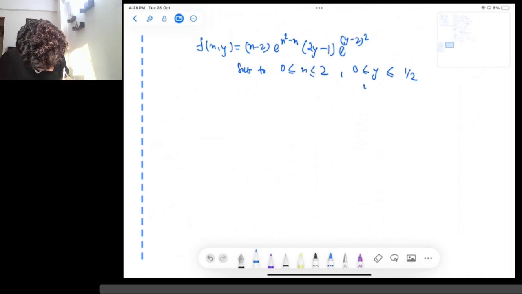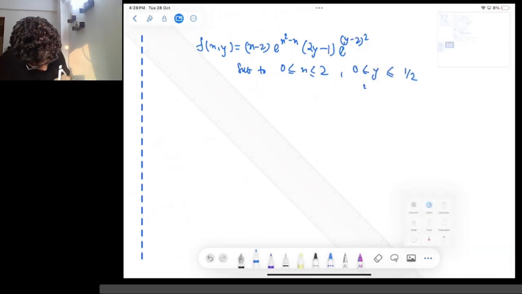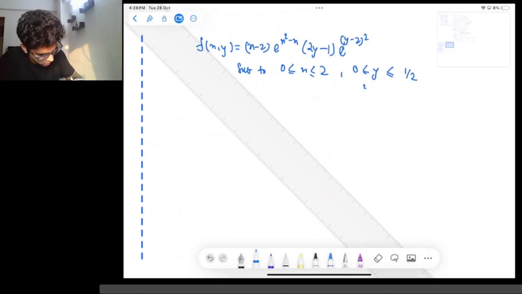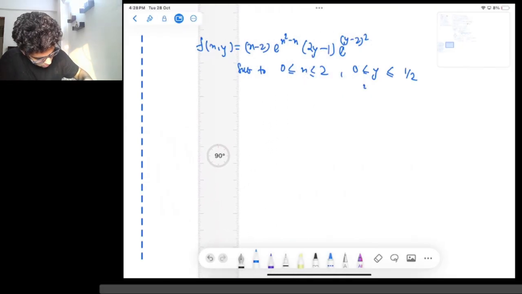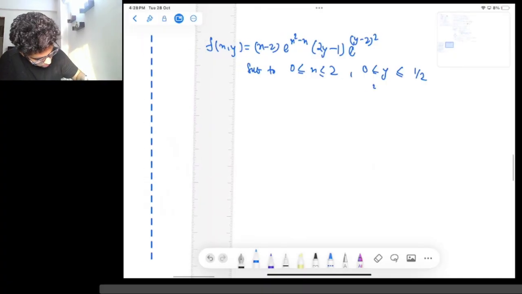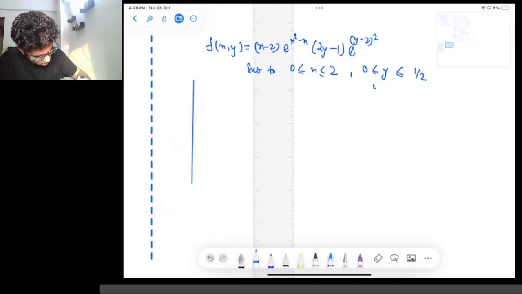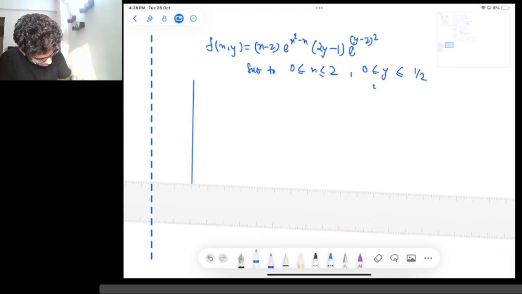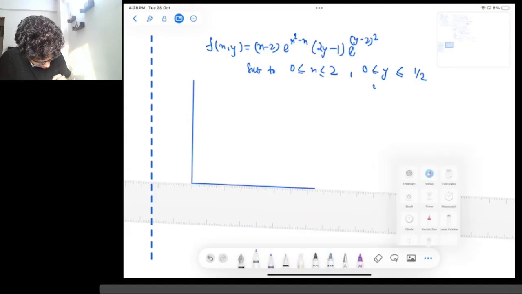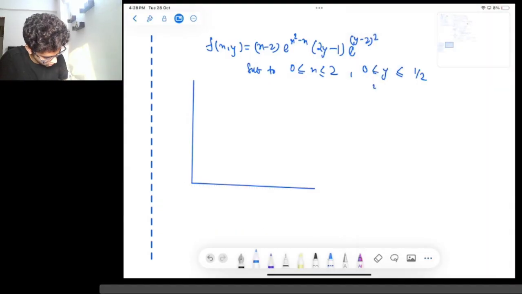Now let's just draw a figure. So my ruler now goes away.